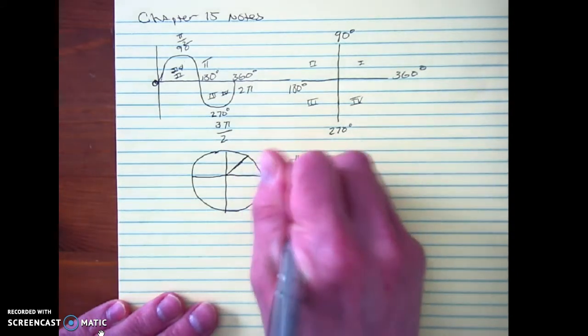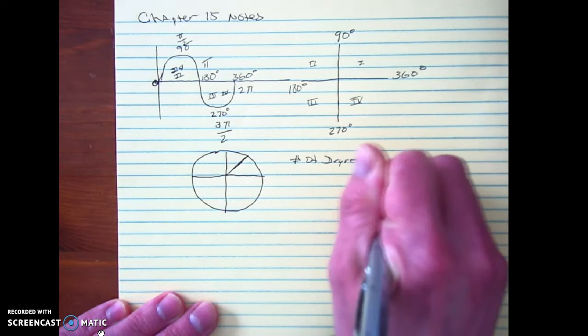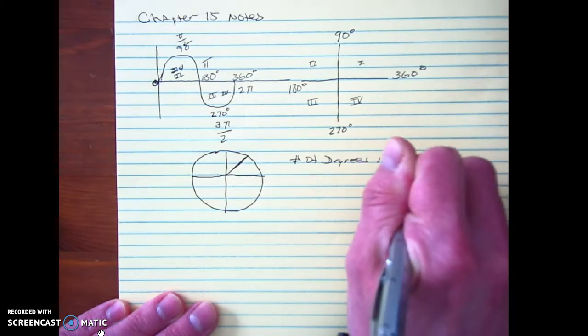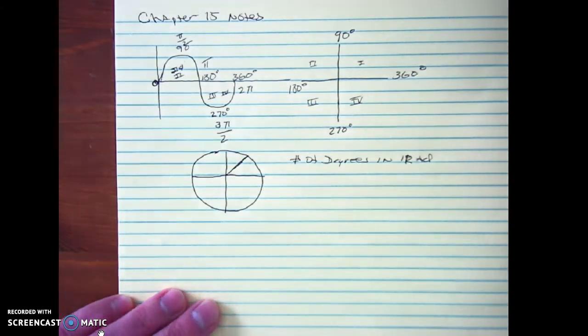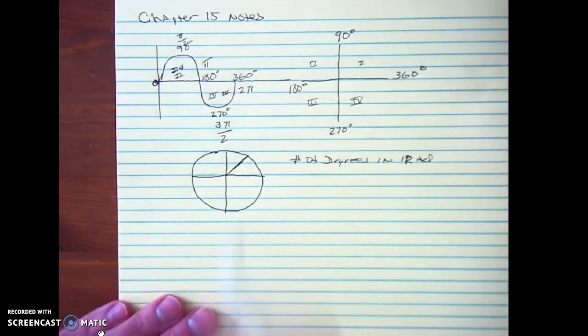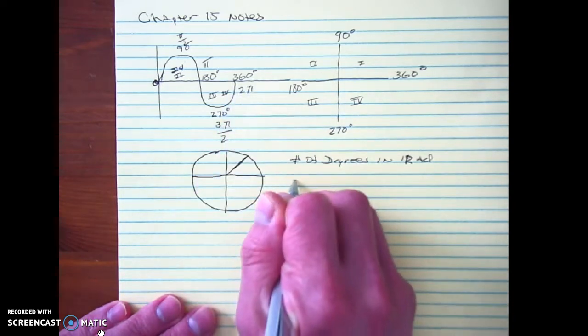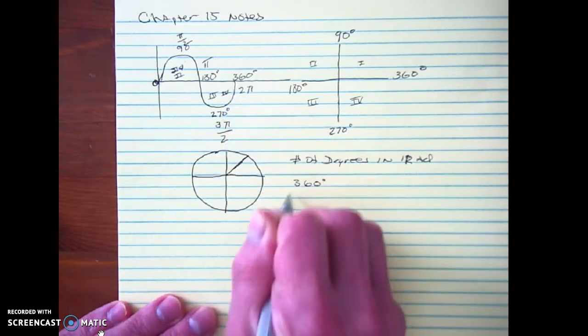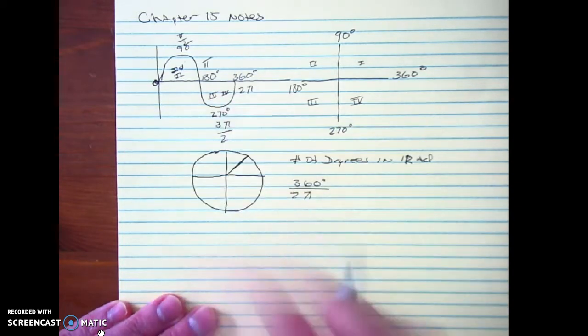So the number of degrees in 1 radian. Well, we know that there are 360 degrees in a circle, and there are 2 pi radians that make up a full waveform.